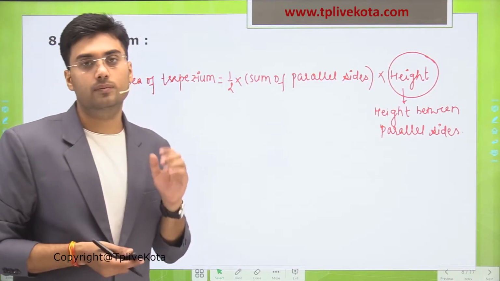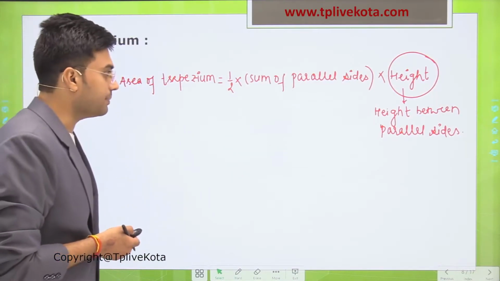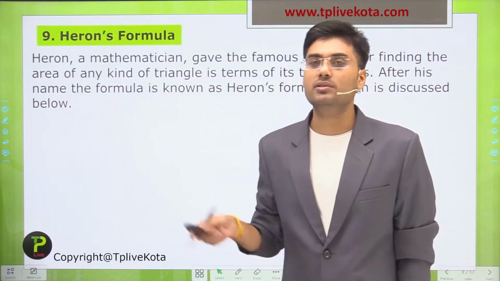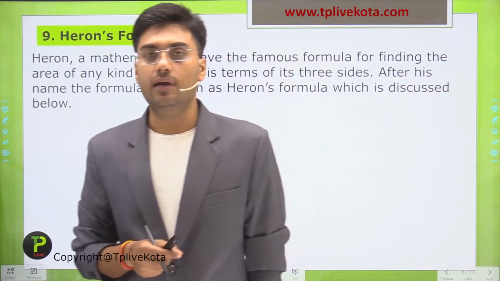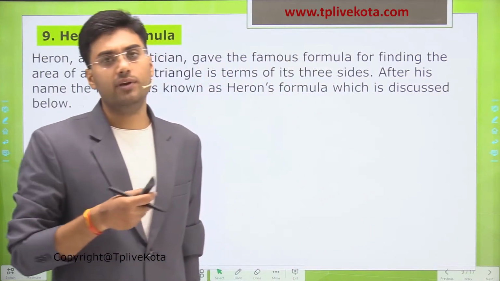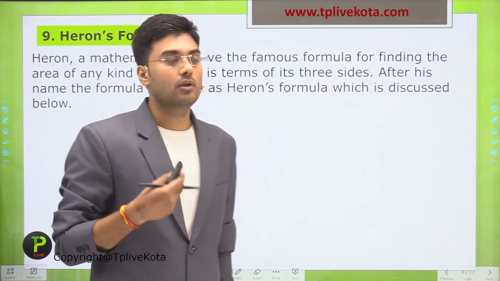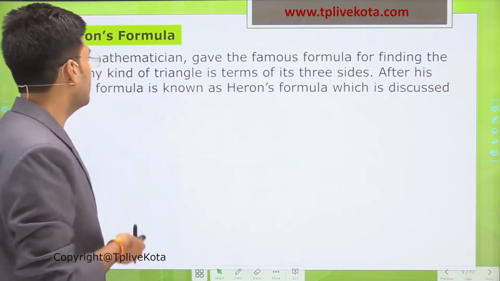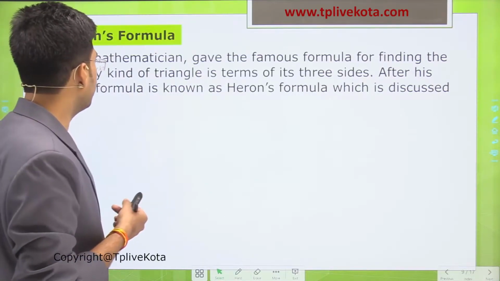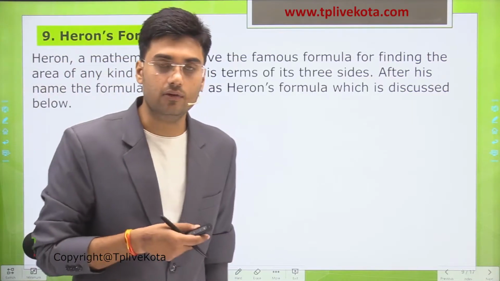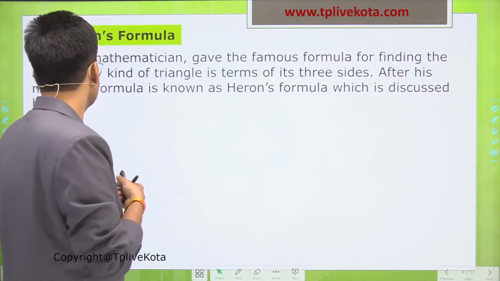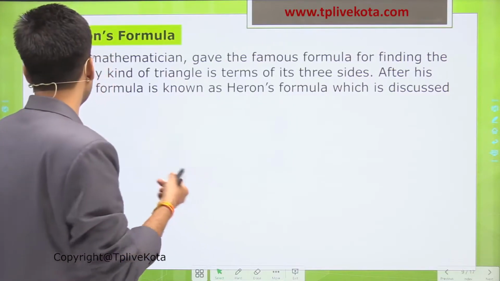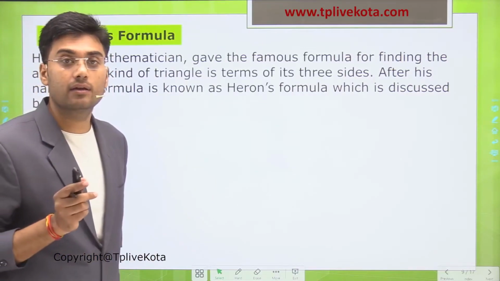Clear? Now students, after this trapezium, let's discuss Heron's formula, because these are very specific figures, and for a specific figure we have different formulas. What is Heron's formula? Students, Heron was a mathematician who gave the famous formula for finding the area of any kind of triangle.